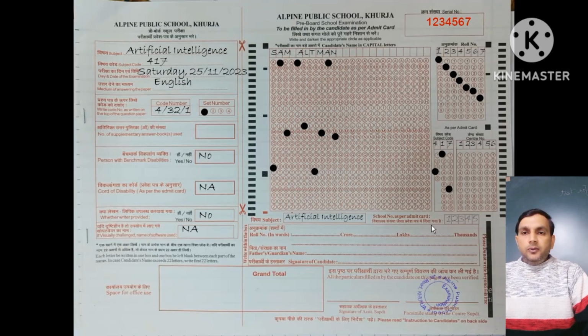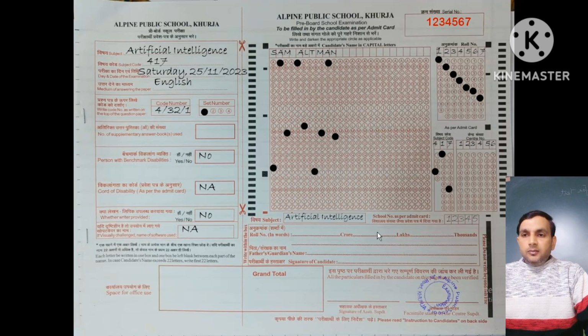You can fill it from here, and then your roll number in words. For example, we have taken roll number 1 2 3 4 5 6 7. So this roll number will be 12, 34, 567.